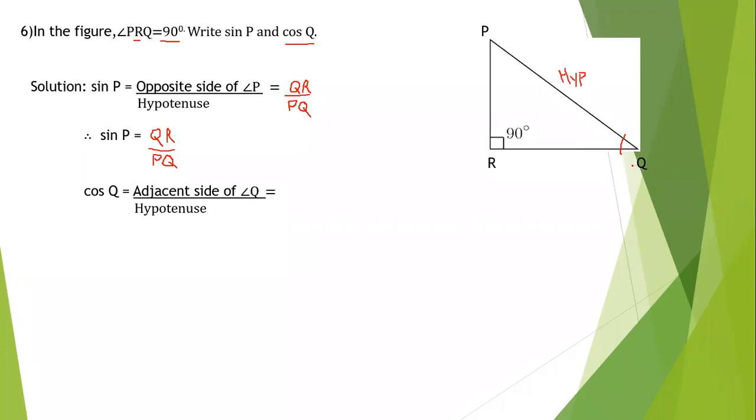Here it is angle Q. Then the formula is adjacent side of angle Q upon hypotenuse. Adjacent means the side next to the given angle. So here the angle given is Q, right? So which side is next to this? It is again the QR. So here also we will write QR upon hypotenuse. Hypotenuse is PQ. So we will write here PQ.